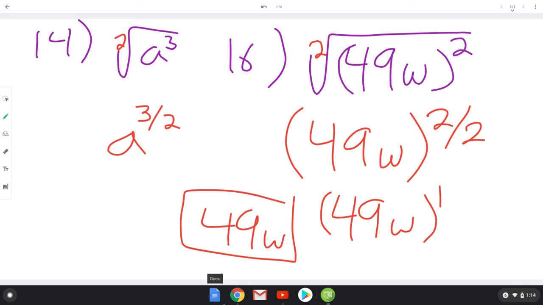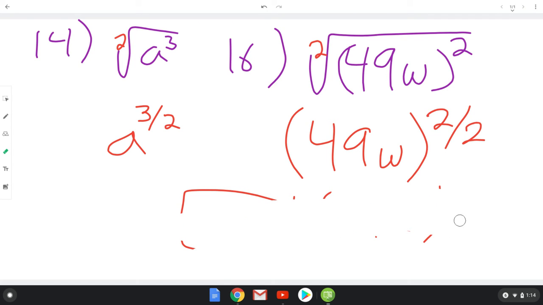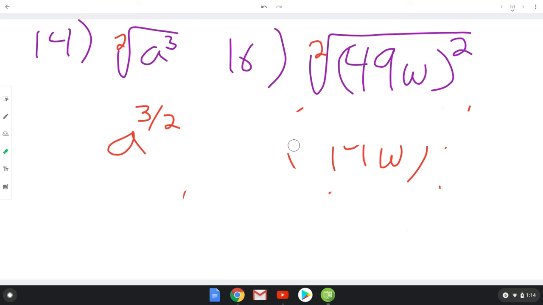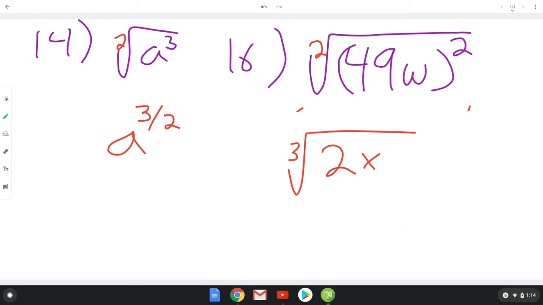All right, I want to talk about a few more things that aren't part of the example problems, but you need to know them. If I have something like a cube root of 2x squared, there's a couple of things I want to point out here.